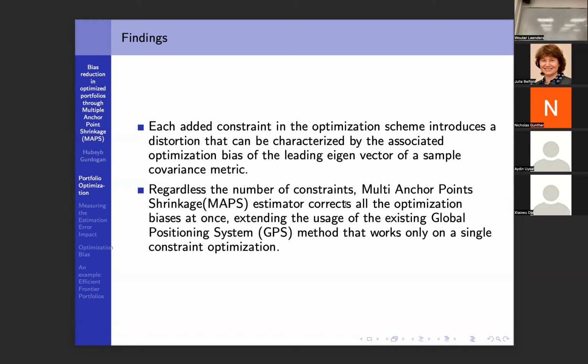Regardless of the number of constraints, multiple anchor point shrinkage is able to eliminate all the optimization biases at once, in one shot. That extends the GPS method, which works on single constraint optimization. By the way, I didn't mention, if you have questions, feel free to interrupt.